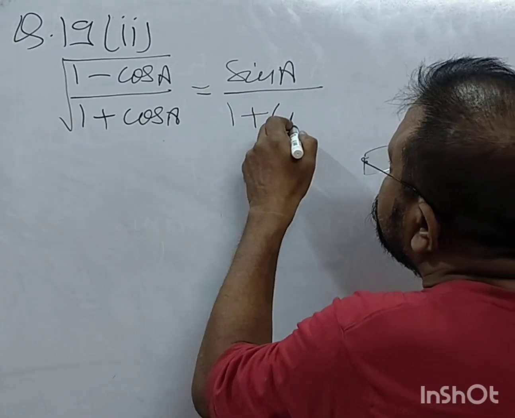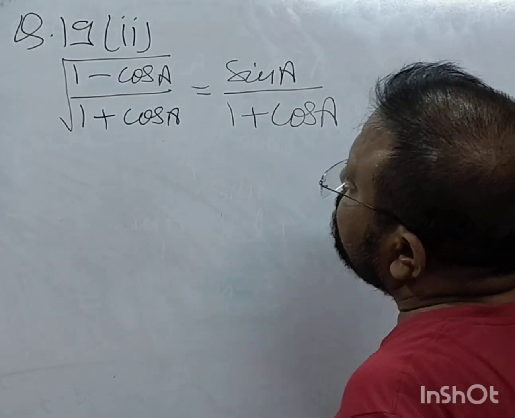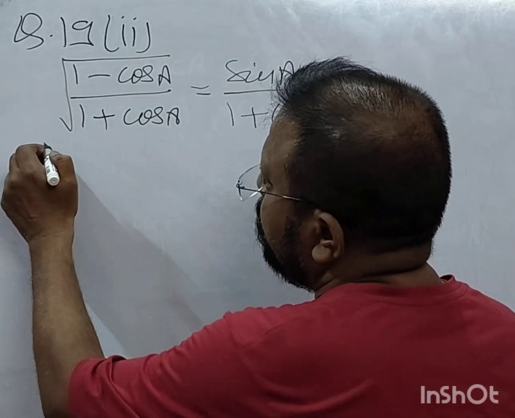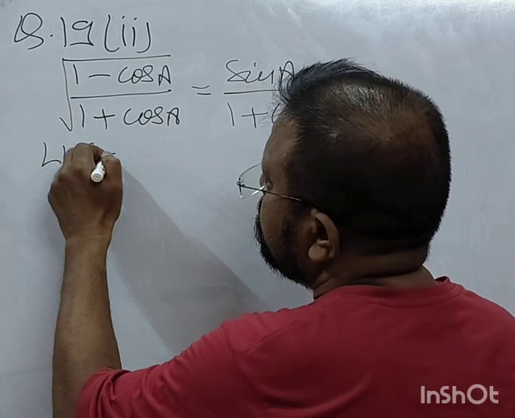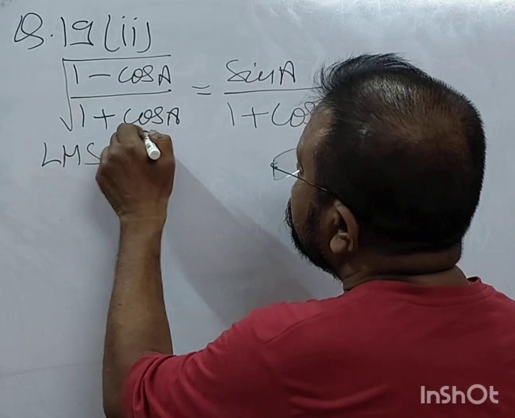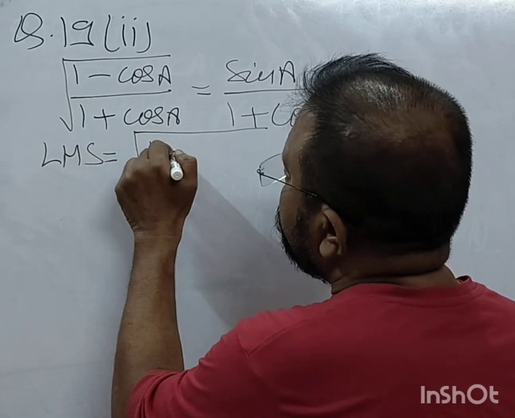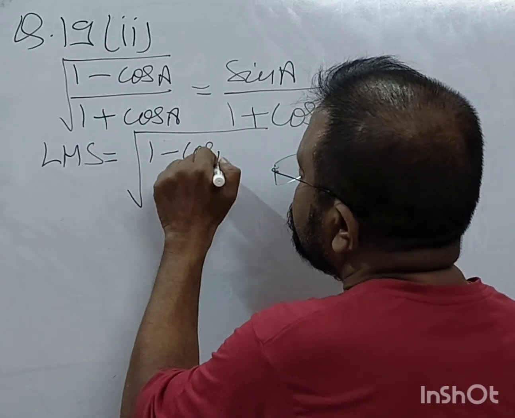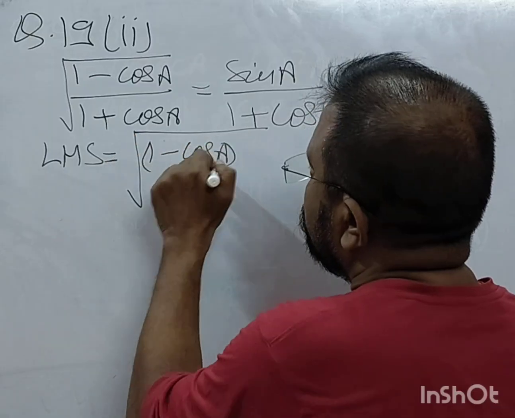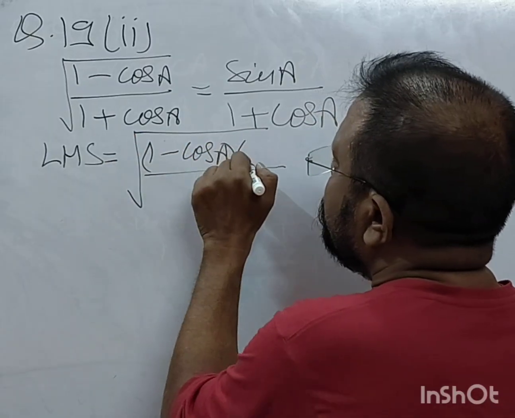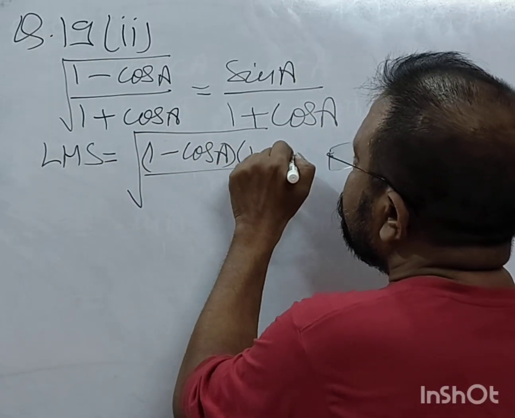So LHS is root over (1 minus cos A) upon (1 plus cos A).